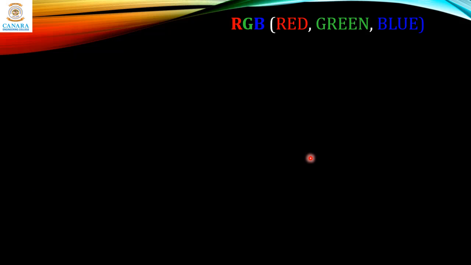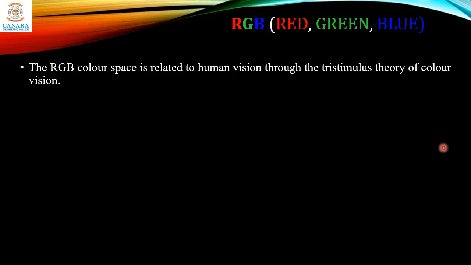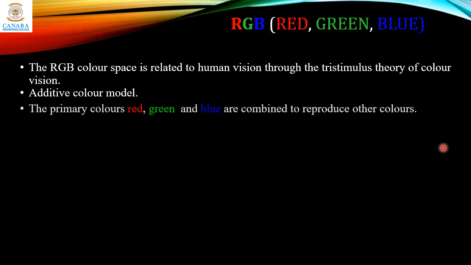Let's look at the first color model, which is the RGB model. The RGB color space is related to human vision through the tri-stimulus theory of color vision that we looked at in the previous lecture. RGB is an additive color model. The primary colors red, green and blue are combined to reproduce other colors.